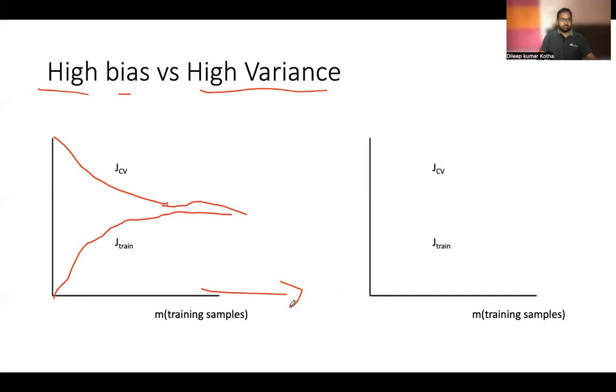Now, how to look at high variance? High variance, in the sense, is simply overfitting. Whatever samples we have, the hypothesis will try to fit them in such a way that the cost will be very low. So the train error will start high initially and then keep going down.